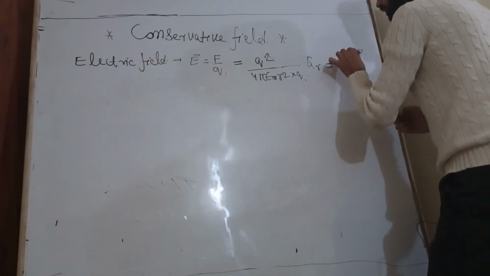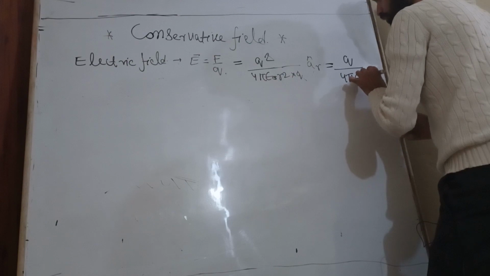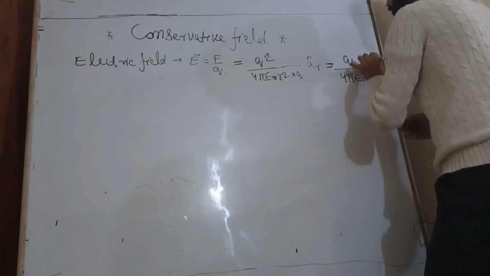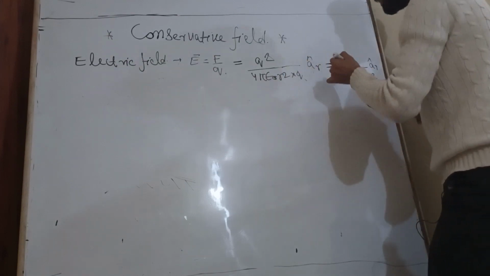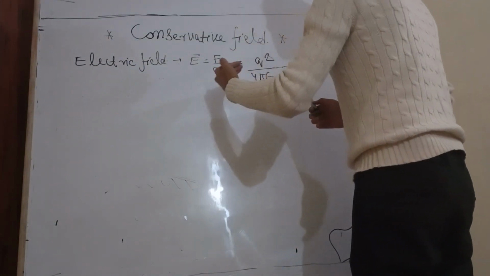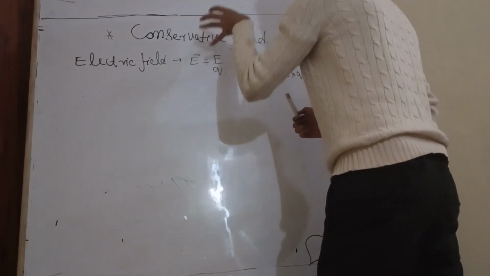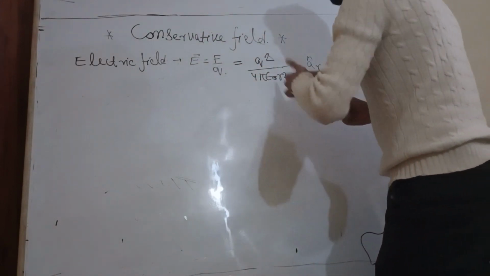So this is q by 4 pi epsilon r square, times the unit vector r, which is the direction of the electric force. This is the electric field: force per unit charge.